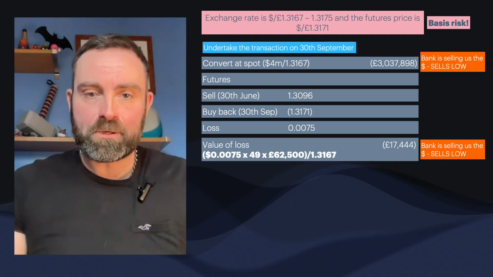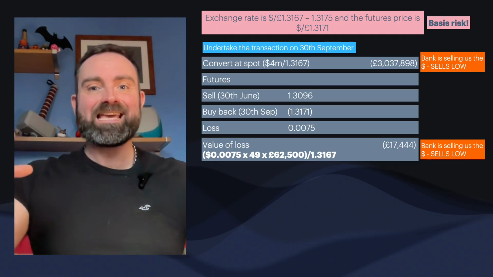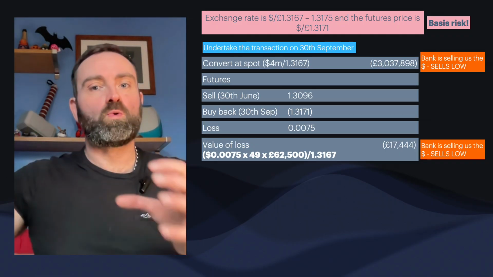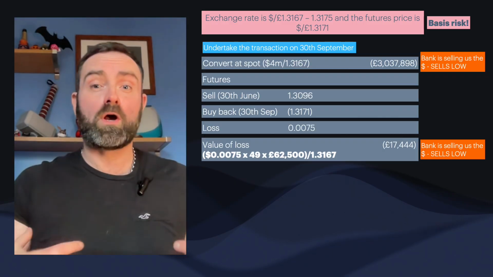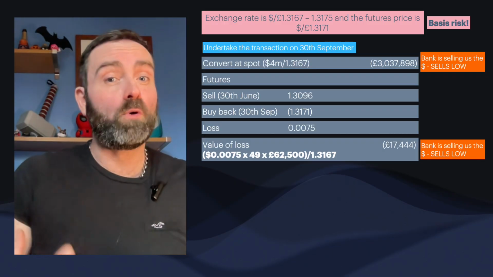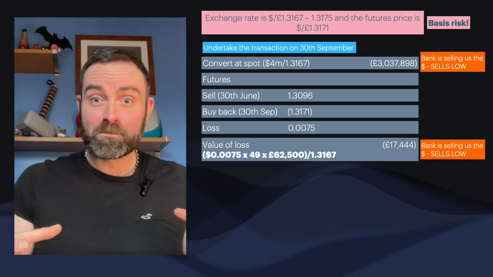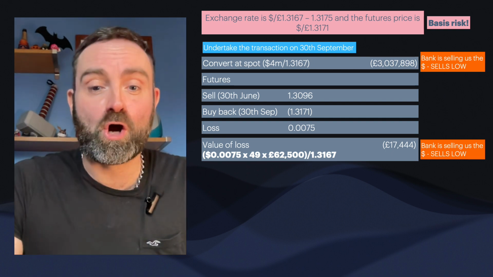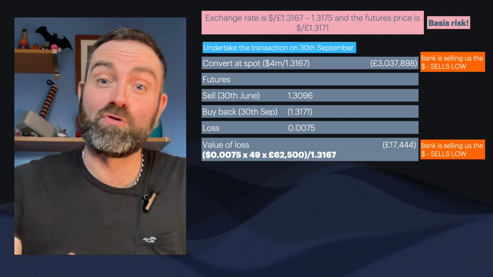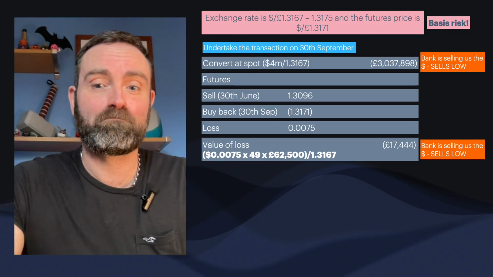If we'd made a gain on the futures, we'd have taken that dollar gain and sold it back to the bank, who would then have bought those dollars from us, and it would have bought them off us at the high rate. But in this case, because it's a loss, we're going to use the low rate of exchange on the 30th of September.